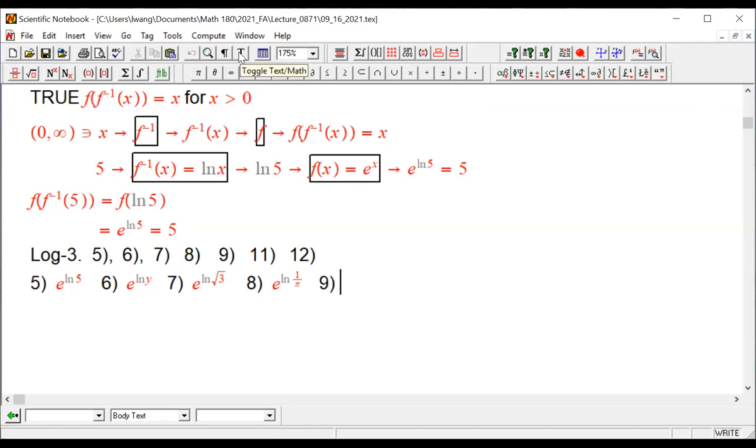Number 9, e raised to the power of ln 1. Number 11, okay, e raised to the power of ln pi.